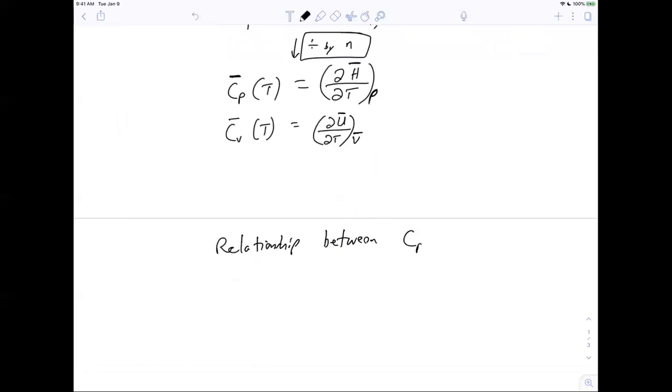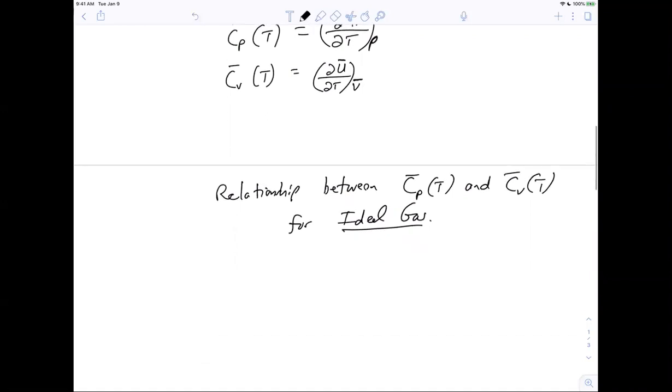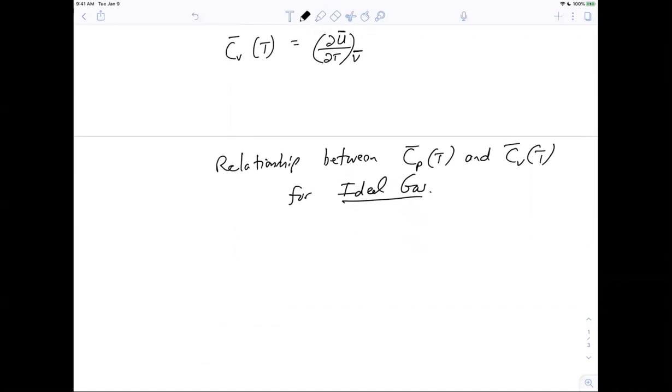So let's see the relationship between Cp and Cv for an ideal gas, because this is important and we'll use this result. Okay, so again, this is something that's an ideal gas equation of state. And we're going to start with our definition of Cp, and we'll just use an equal sign.